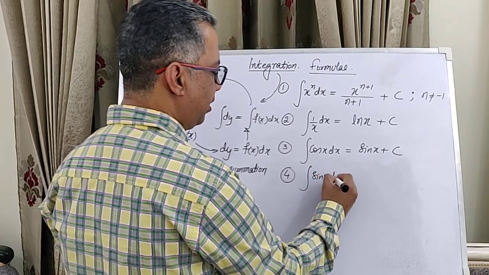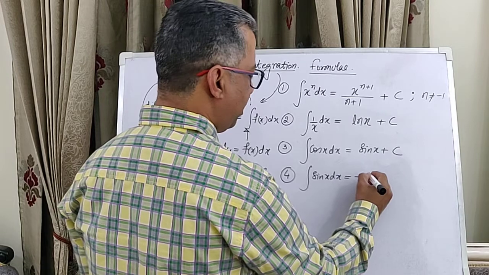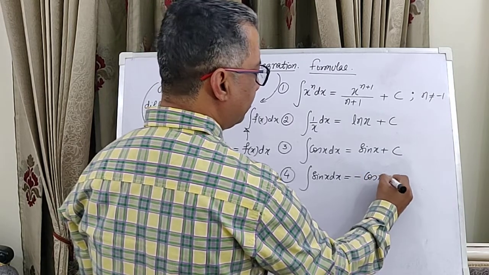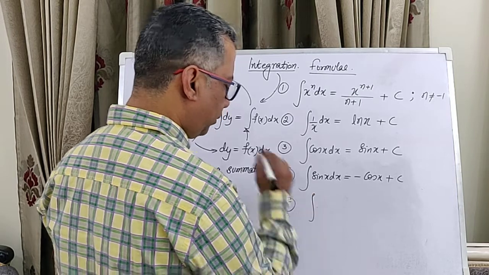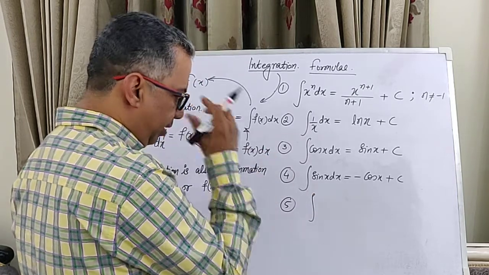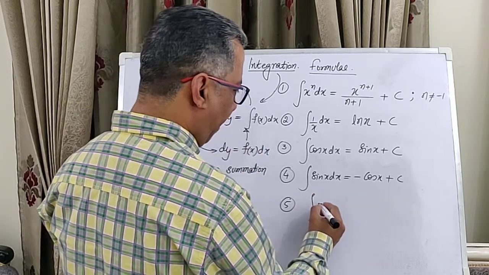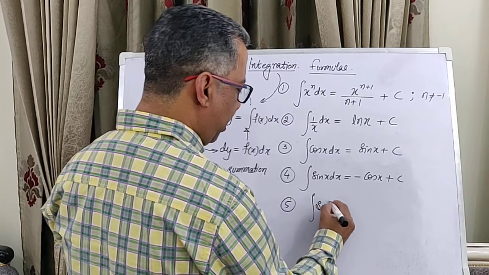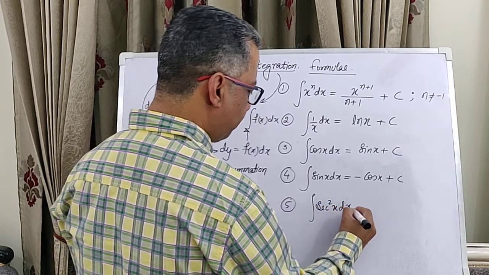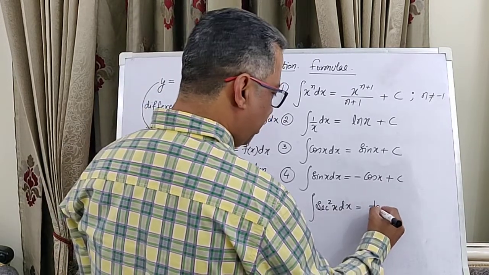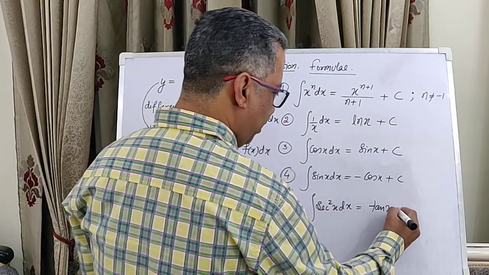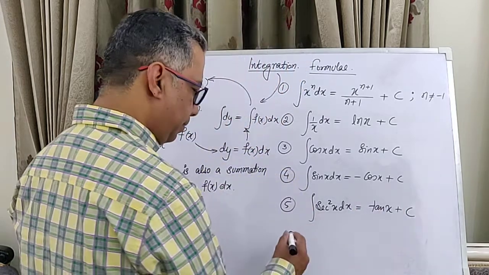Sine x dx integrated gives us minus cos x plus c. Then we have sec square x dx. Now sec square x was the derivative of tan x, so integration gives us the inverse result.